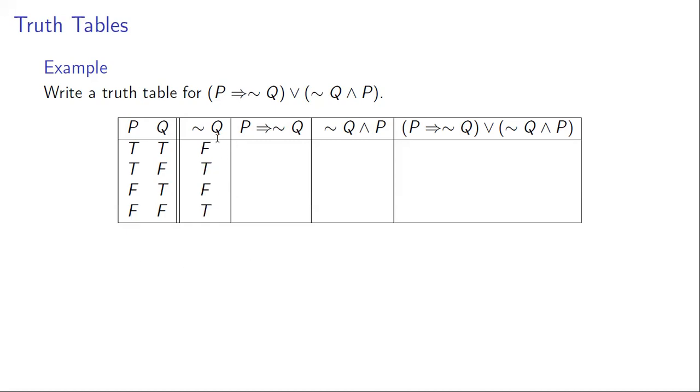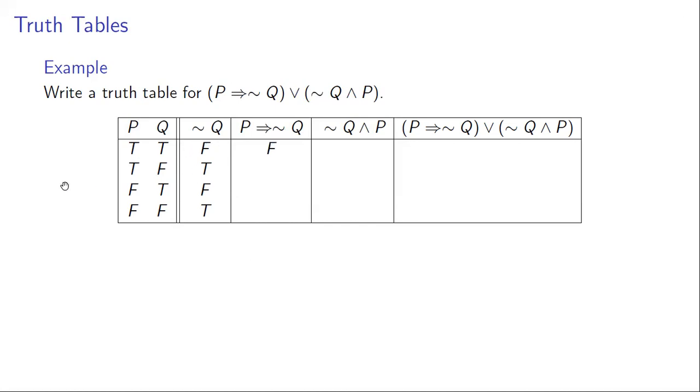Now that we have the value of not Q, we can figure out what is if P then not Q. So let's see. If P is true and not Q is false, then what is going to be if P then not Q? Well, we have something that's true and something that's false.